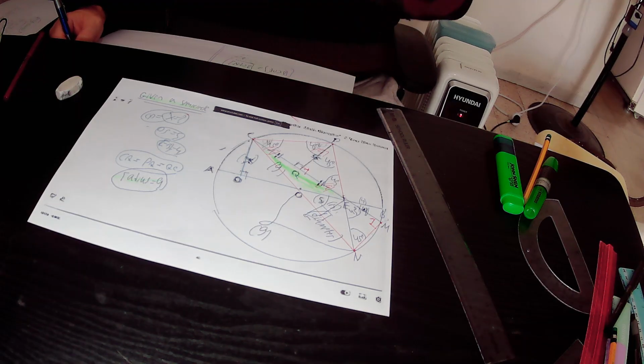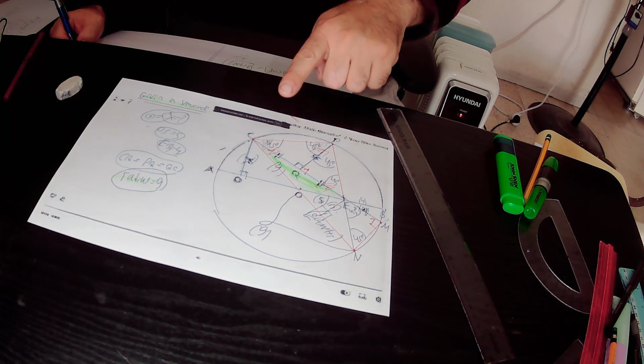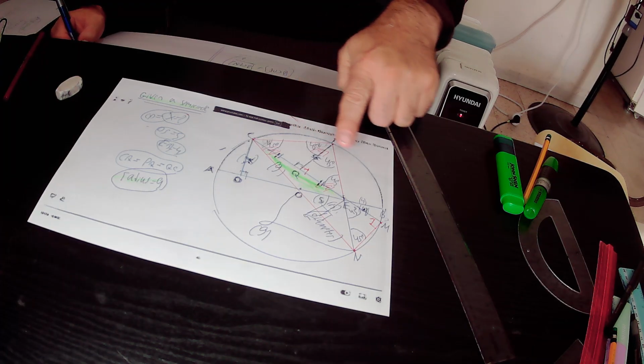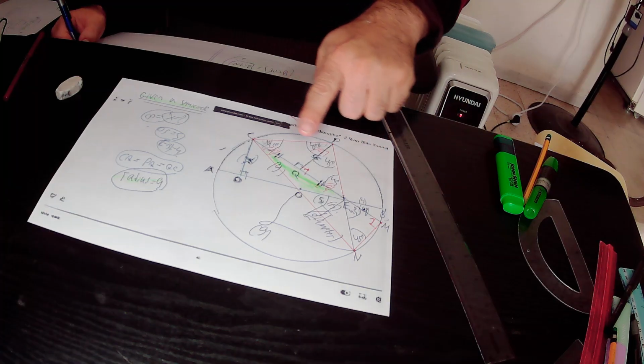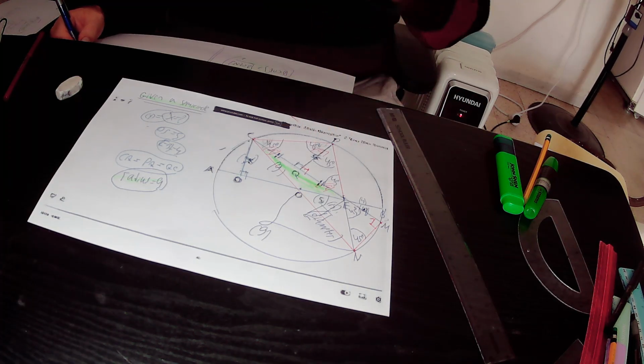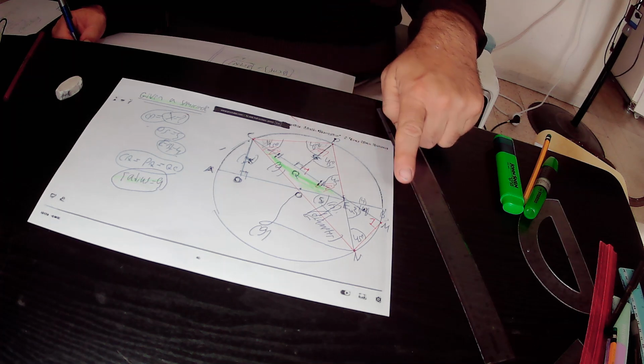Times the height. The height to the base must create 90 degrees with the extended base. The extended base CE is CM. CM is the extended base CE. So the height to the base CE must create 90 degrees with the extended base CM.